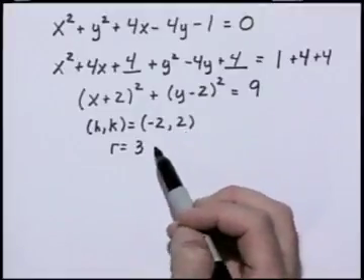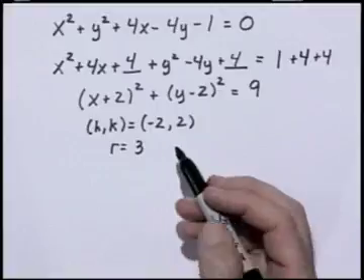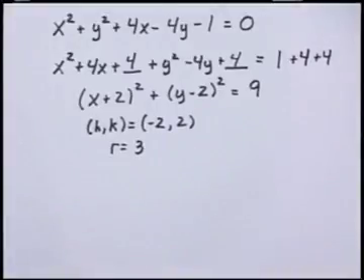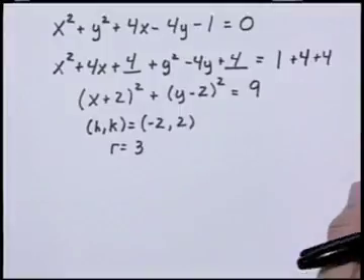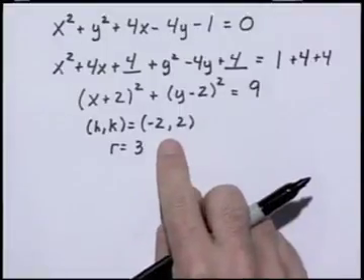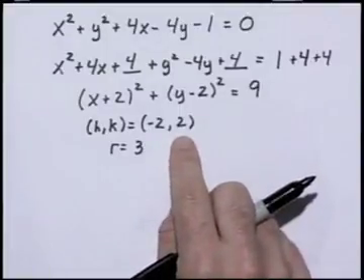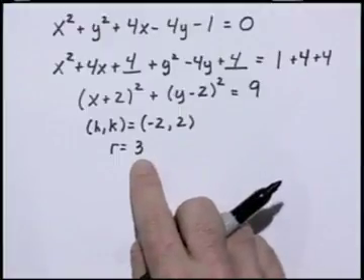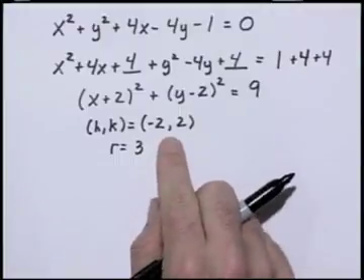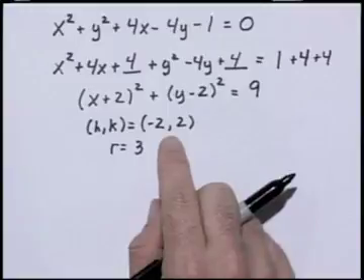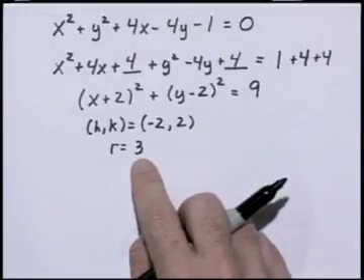So now that we know the center and the radius of the circle, we can go ahead and graph the circle. To graph the circle, what we're going to do is plot the point negative 2 comma 2. Then we know that because the radius is 3, the distance from the center to any point on the graph of the circle is going to be 3 units.